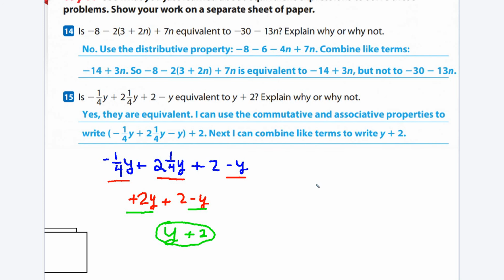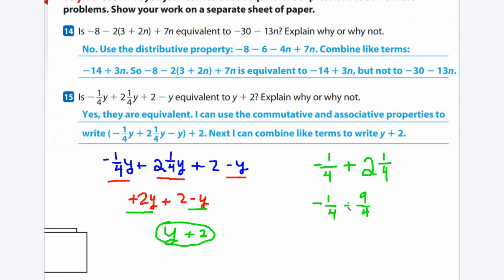If you get stuck with the fractions, I would go back and review some of those fractions. Okay, but negative 1/4 plus 2 1/4. Okay, we have like terms here. We can take this and make that into a mixed number, an improper fraction. 4 times 2 is 8 plus 1 is 9 over 4.